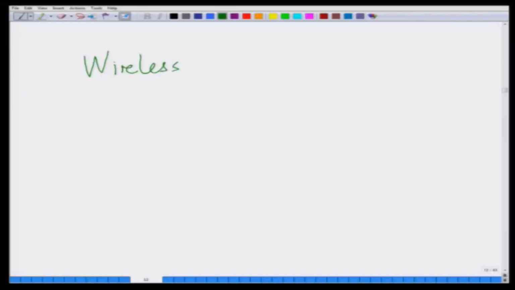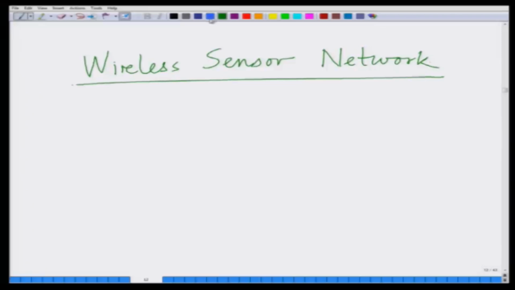So far we have considered a simple scenario of a wireless sensor network. We have looked at n observations in this wireless sensor network.